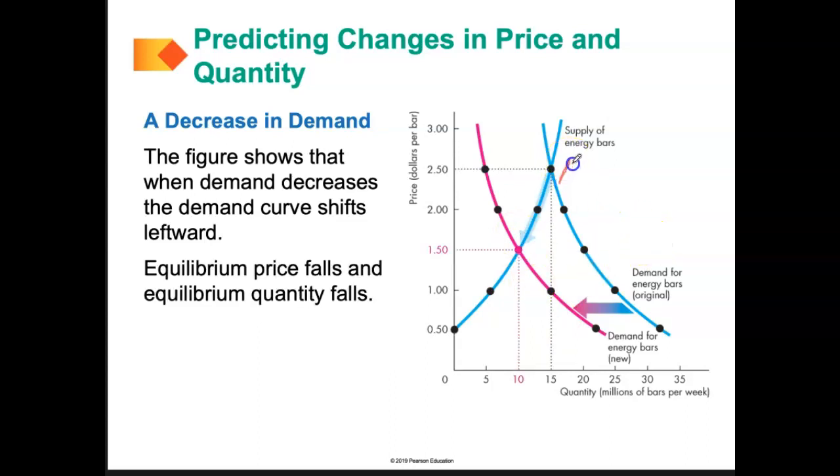Prices fall from $2.50 to $1.50, and quantity decreases from 15 to 10. So when there's a decrease in demand, equilibrium price falls and equilibrium quantity also falls.